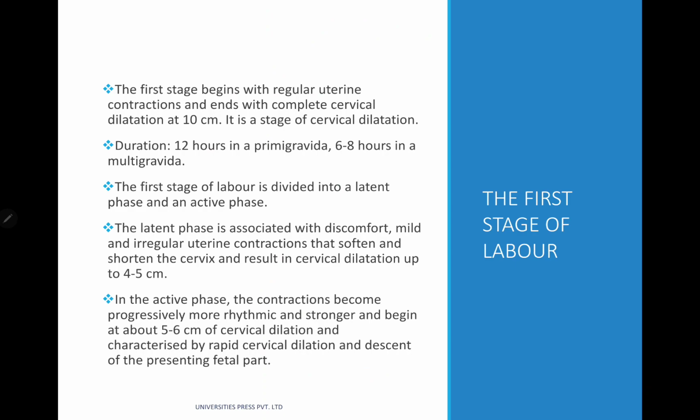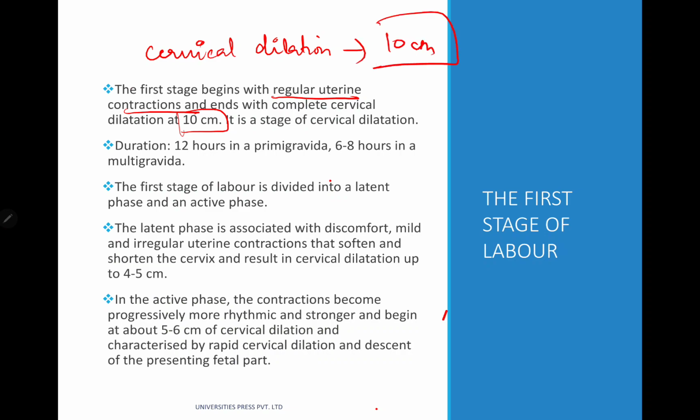So the first stage begins with regular uterine contractions and ends with complete cervical dilatation at 10 centimeters. Complete cervical dilatation is going to occur around 10 centimeters. That is when you say the cervix is completely dilated. So 10 centimeter is important.